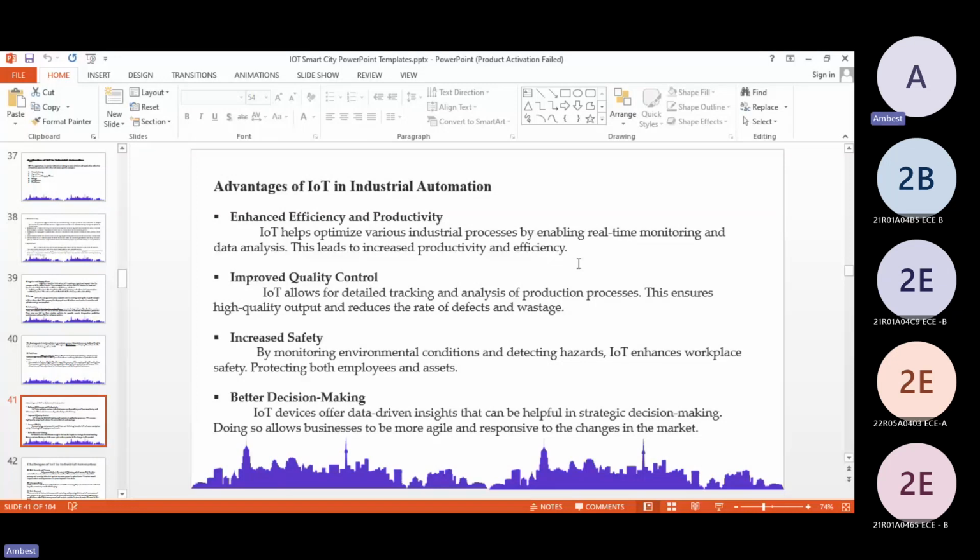With this, they're going to improve the quality control, and it allows detailed tracking and analysis of the production processes, which enhances high quality of output and reduces the rate of defects and the wastage even.